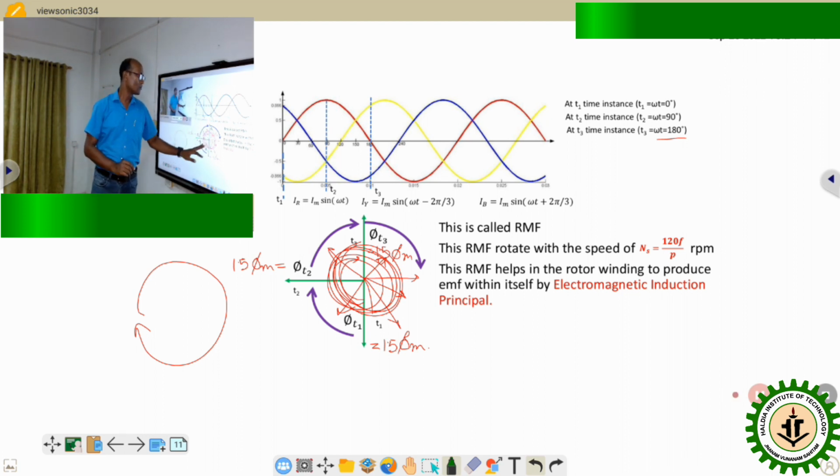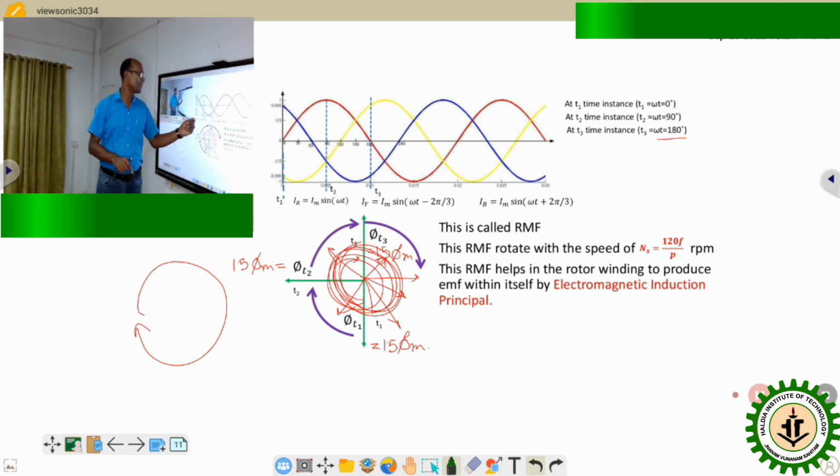This is known as the rotating magnetic field, where for the three time instances the flux magnitude remains constant, whereas the direction keeps changing in a particular direction.